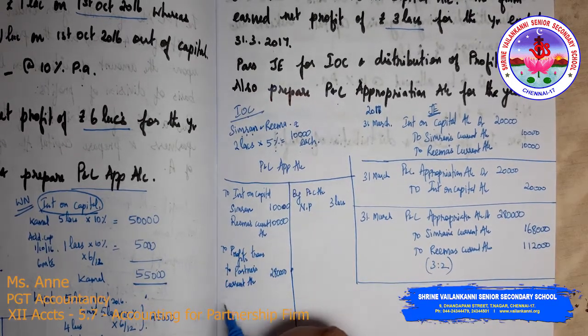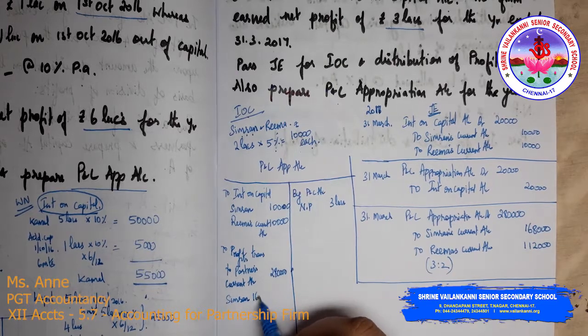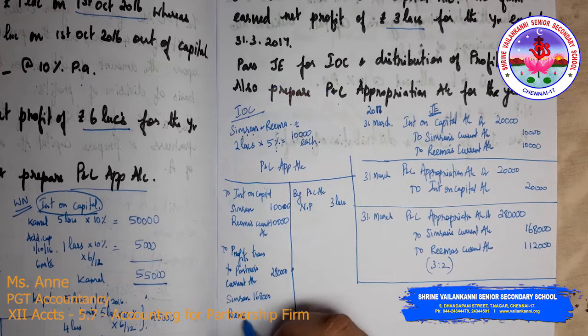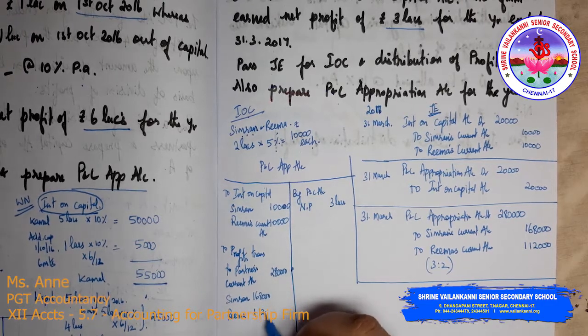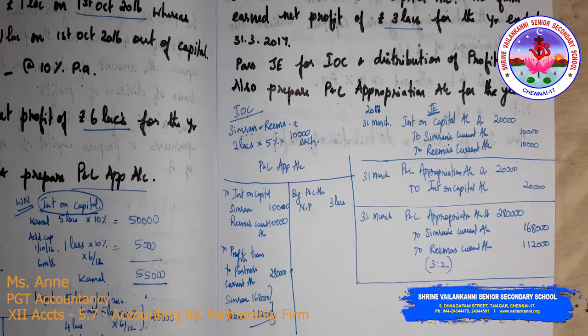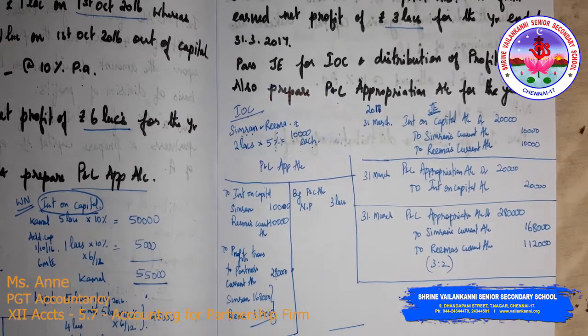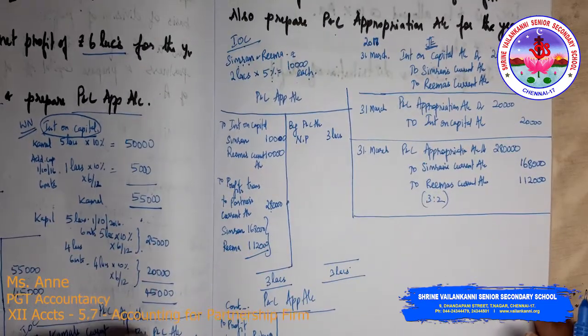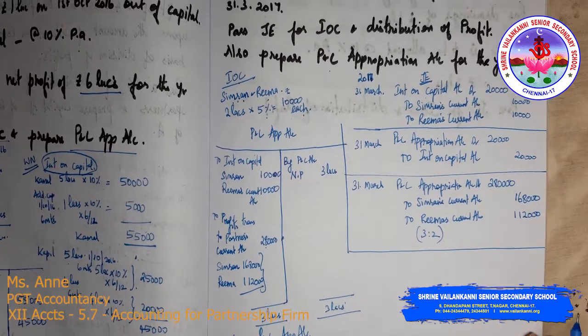You will transfer it as Simran 1,68,000, Reema 1,12,000. So altogether if you do, you get 2,80,000. So I'm just doing the total here, which is 3 lakhs and 3 lakhs. So we have completed the requirement of the problem.